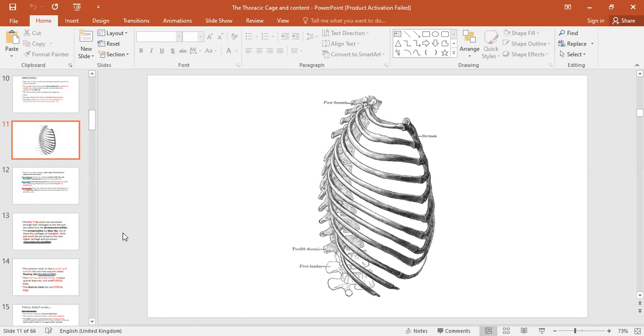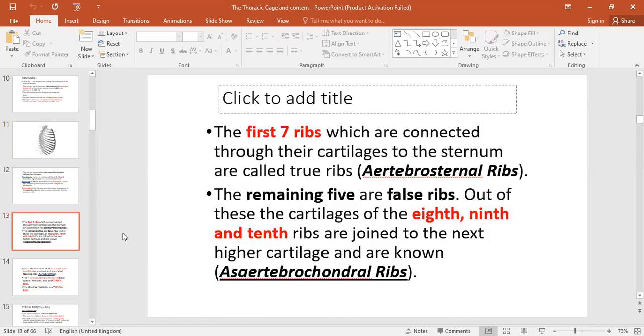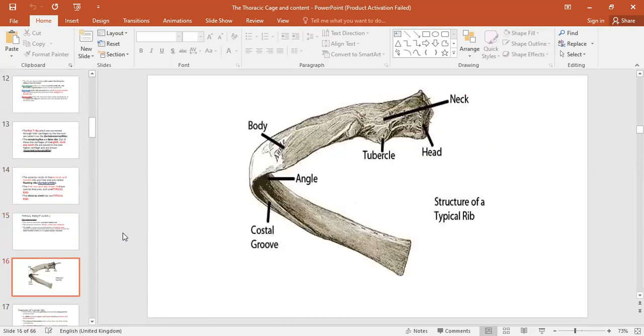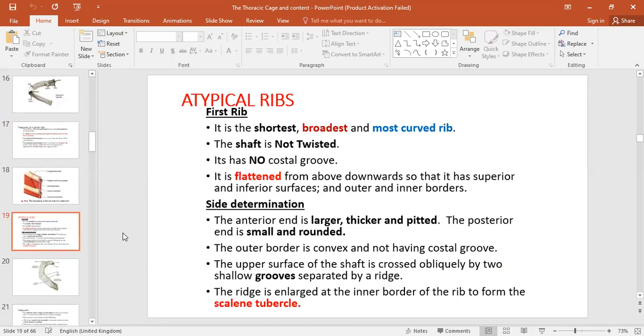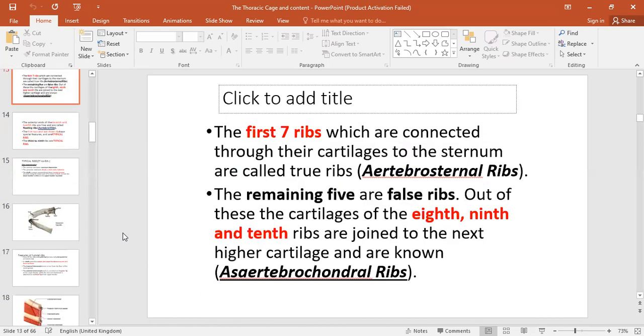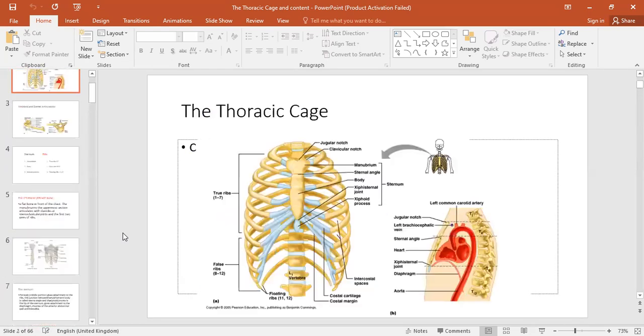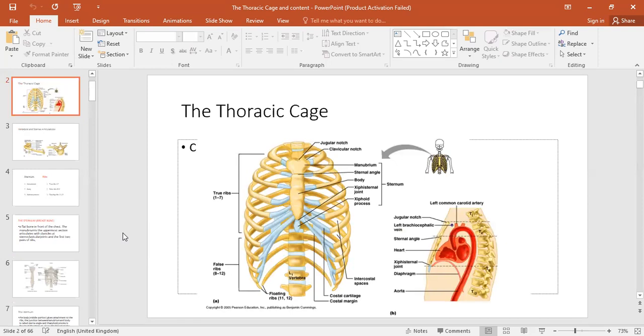Let's classify ribs based on attachment now. So based on attachment, we can classify ribs as false ribs or true ribs. A rib will be attached to the vertebral column at the back, or posteriorly, and attached to the sternum anteriorly.